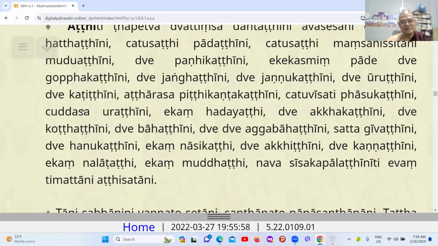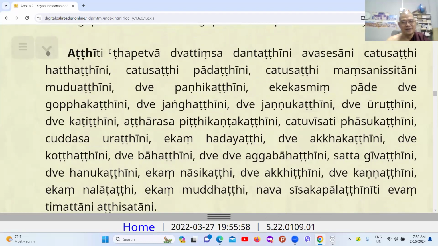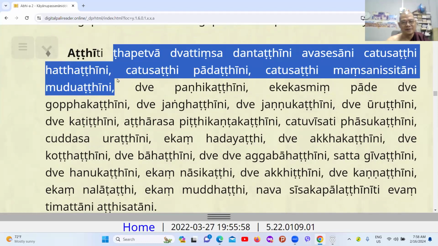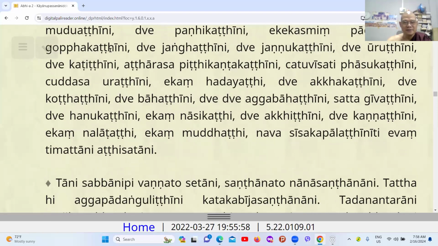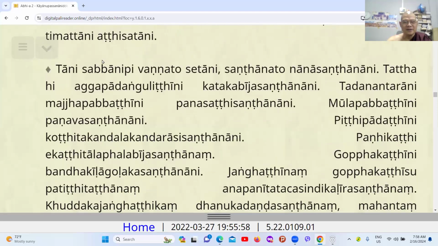I want to suggest you to read all these things, the Dispeller of Delusion. By reading it, you may get these 5 aspects so easily. But here I give you just the information about these 32 parts of the body only, not all 5 aspects, only one aspect, that is vanna, the color.